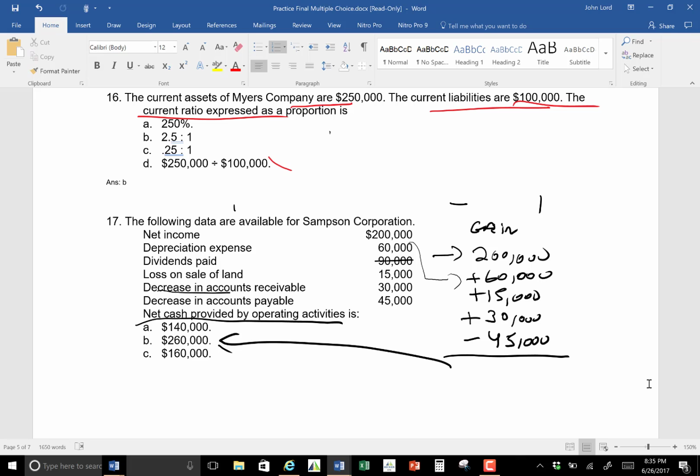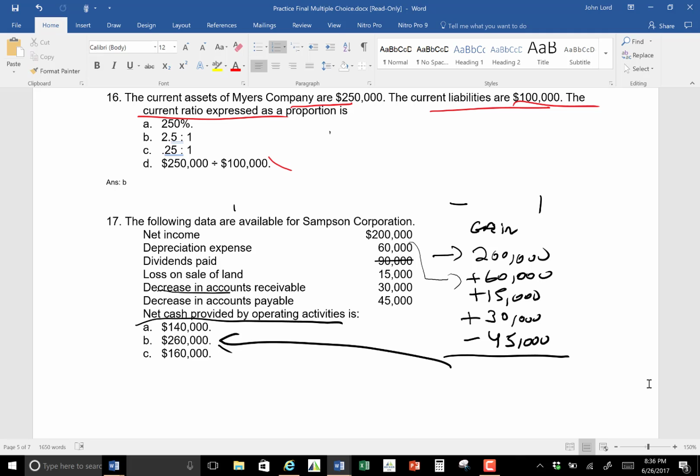So the book value of this property was $25,000. And if I sold the property for $10,000, I would debit cash $10,000, credit the equipment for $100,000, debit the accumulated depreciation for $75,000, and I would have to take a loss on this of $15,000, right?